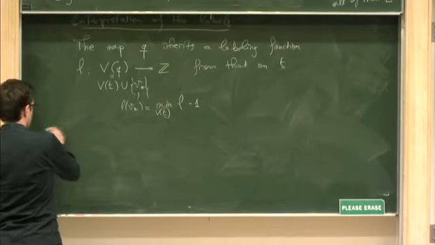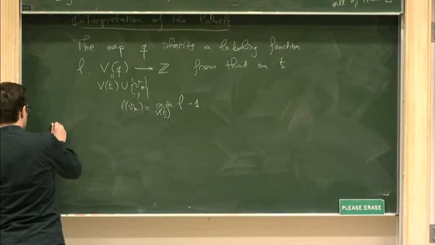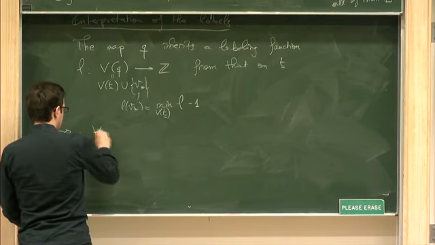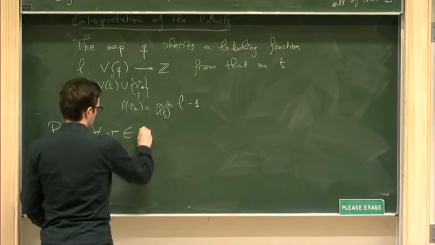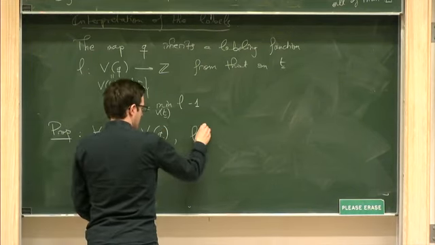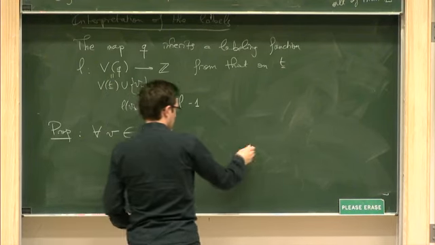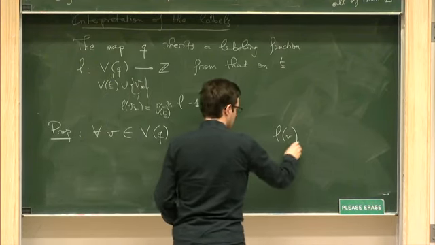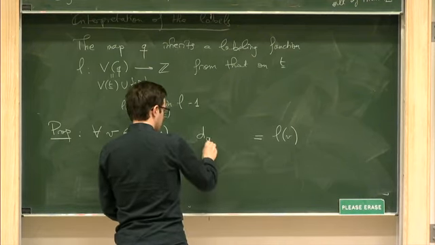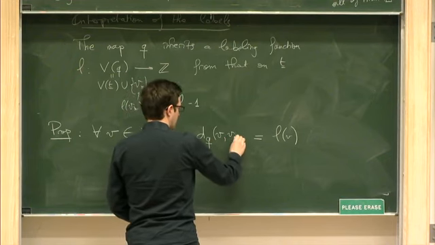And the claim, a proposition, is that for every vertex V of Q, the label of V is essentially the graph distance in Q between V and V star.